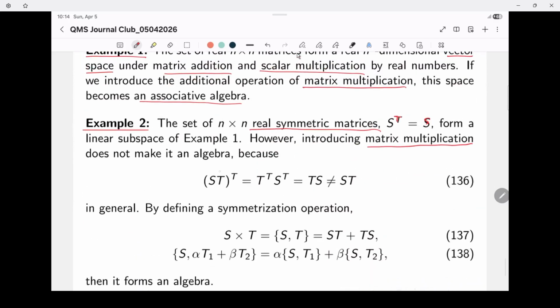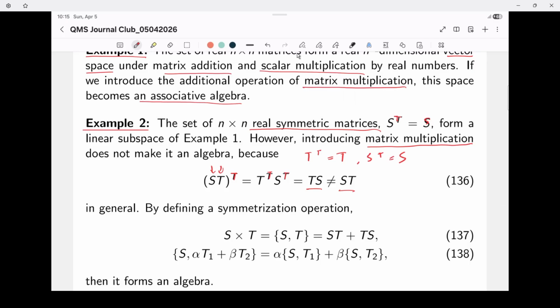When you multiply two matrices together and then perform the transpose, it will reverse the direction and transpose everything. Because T transpose is equal to T, ST transpose becomes TS. But TS is not the same as ST. So this is not an algebra.